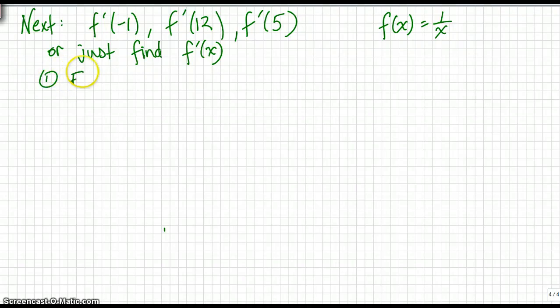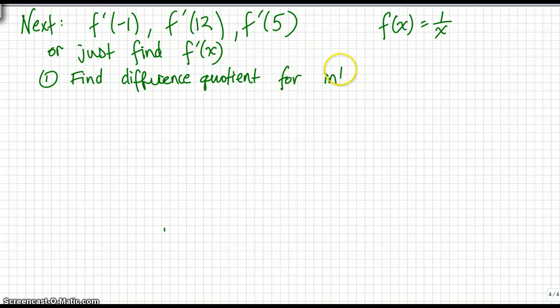So I'm going to find the AROC, or the difference quotient, for the interval where x is now going to go from x to x plus h. So notice I'm using this other interval notation here. This means that my x values are traveling from a generic value x to x plus h. So this interval is h long, just like the one that I wrote before.